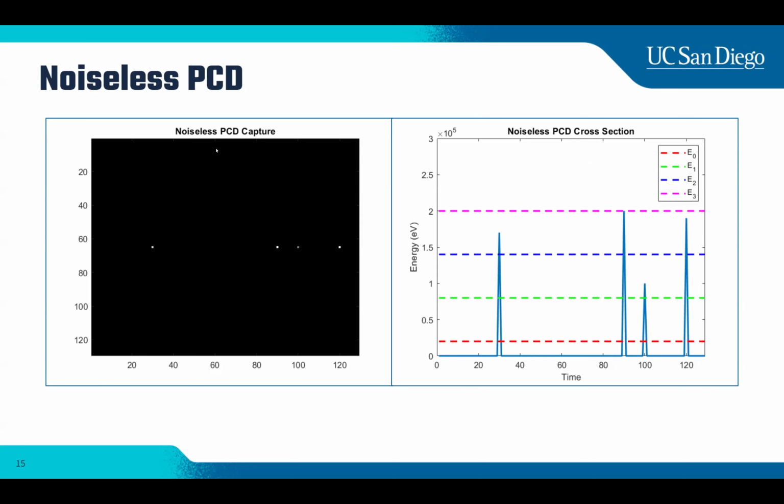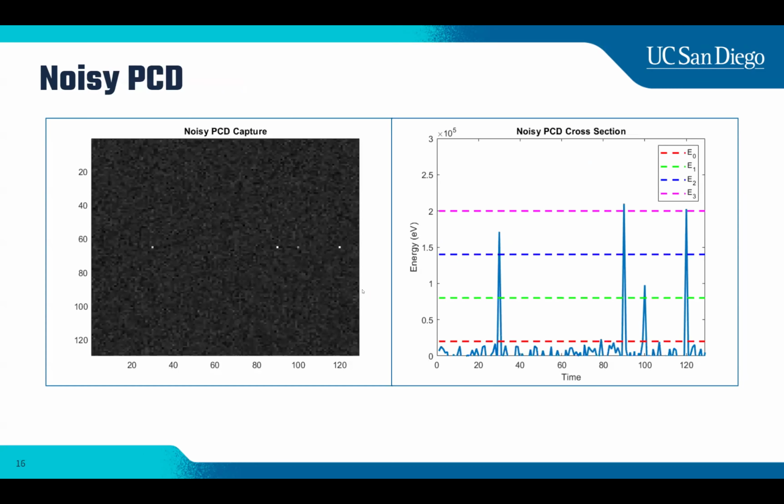And then on the right, we can see that cross section where I placed some arbitrary constants, which are my energy bins, and I made them at 60K intervals. So obviously this is a clean image. This is an ideal scenario. This would never exist in reality, but it's to show you how it differs from a noisy one.